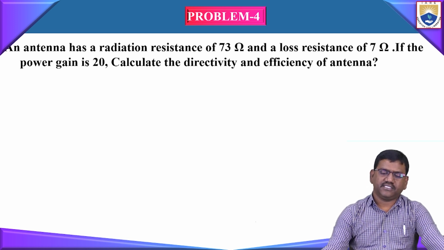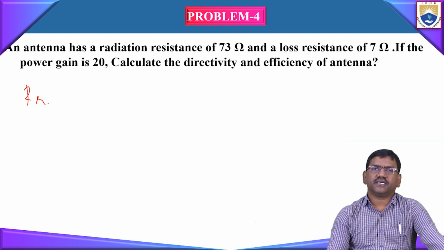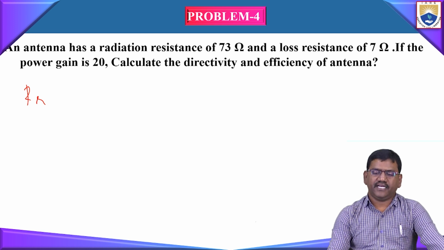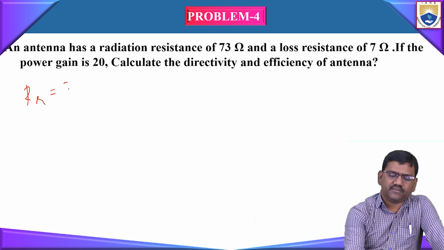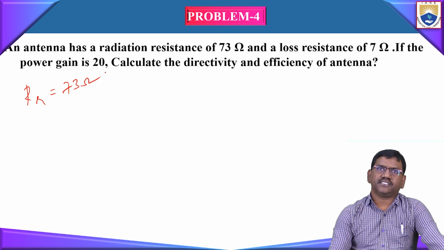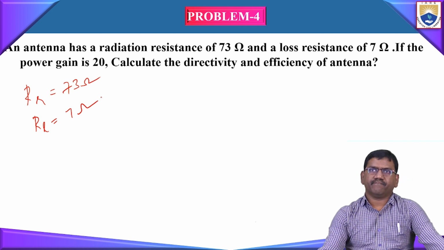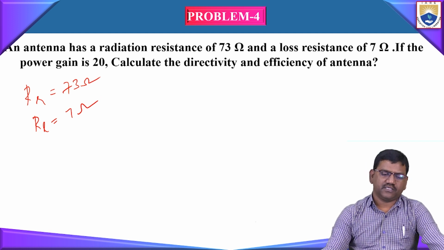The radiation resistance is given as 73 ohms, denoted by the symbol RR. The loss resistance is given as RL equal to 7 ohms.